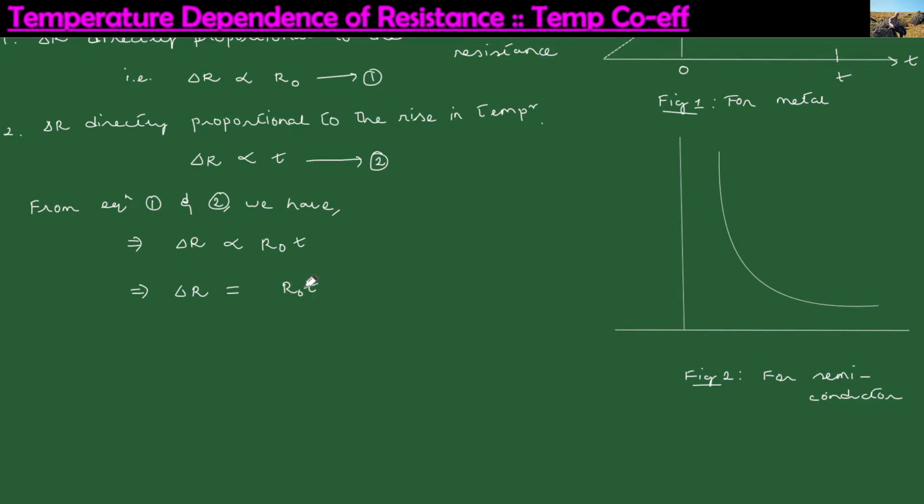That constant we denote by alpha, which is known as the temperature coefficient of resistance.